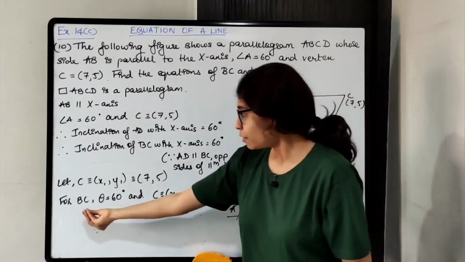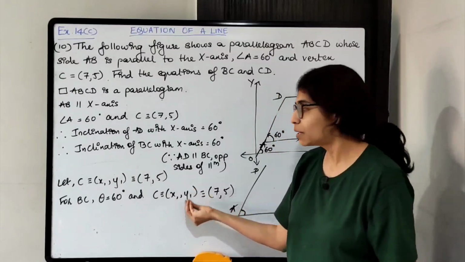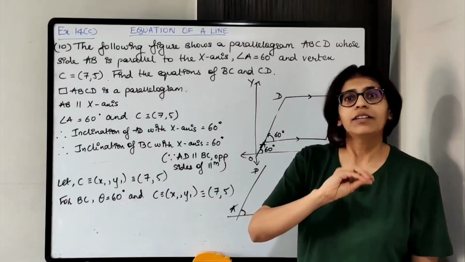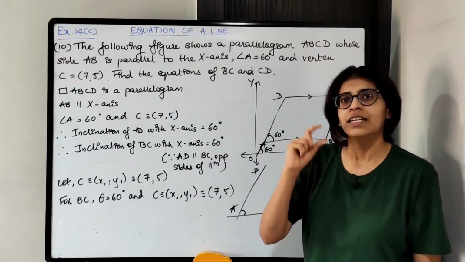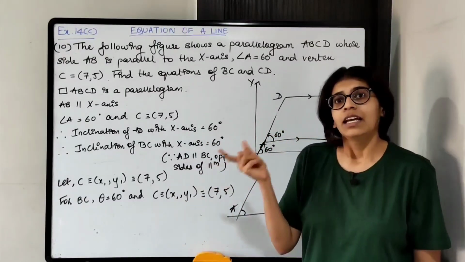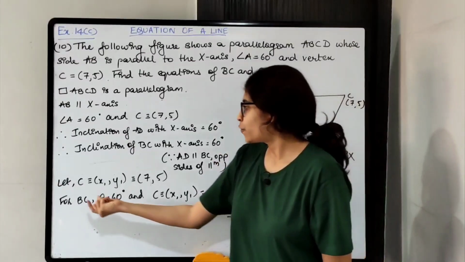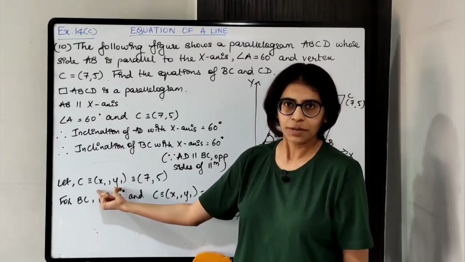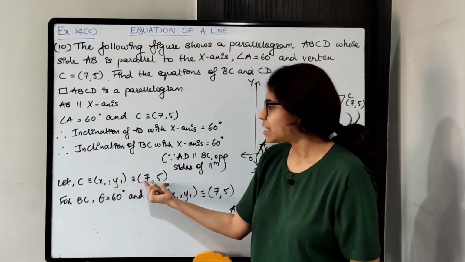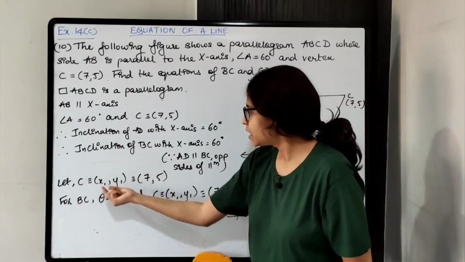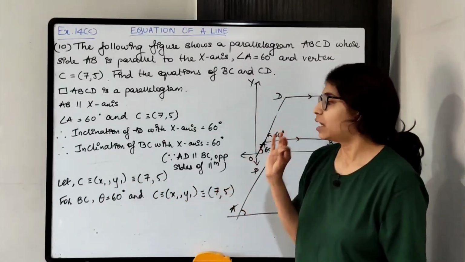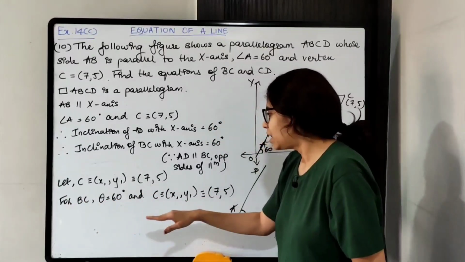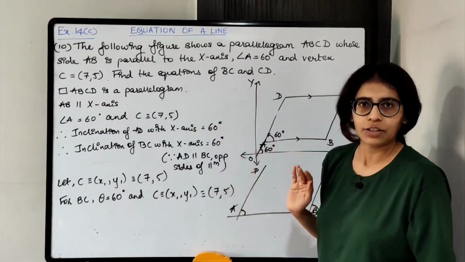So for BC we'll write down the given information, but before that point slope form है. So you are going to use the equation y minus y1 is equal to m into x minus x1. x1 y1 is nothing but coordinates of C. So you have to name C का coordinates as x1 y1. Okay. So C is x1, y1, that is 7, 5, okay, where x1 is 7 and y1 is 5. Now, for BC, theta is 60 degrees and C is x1, y1, that is 7, 5.